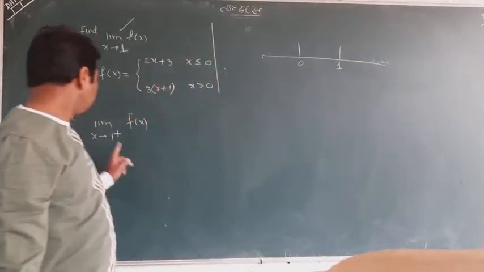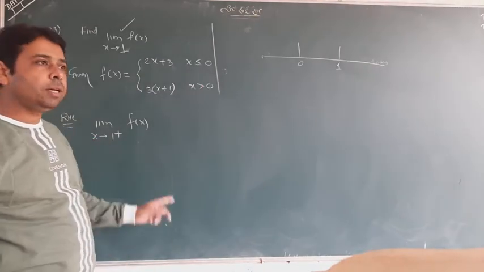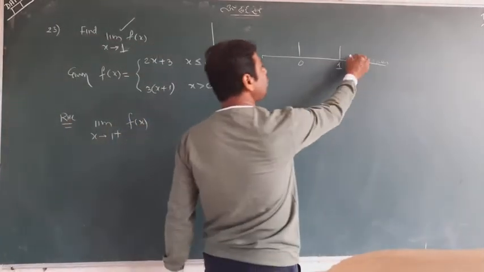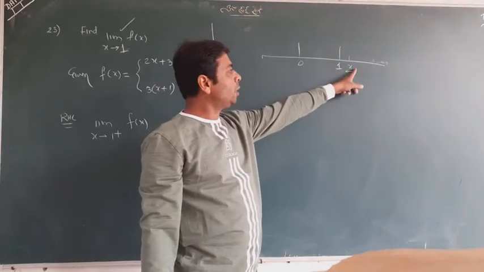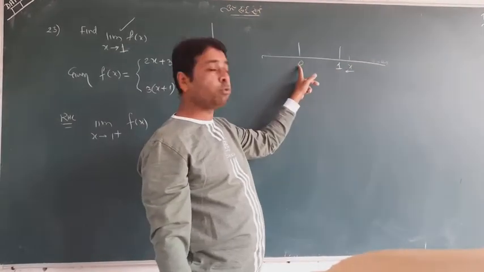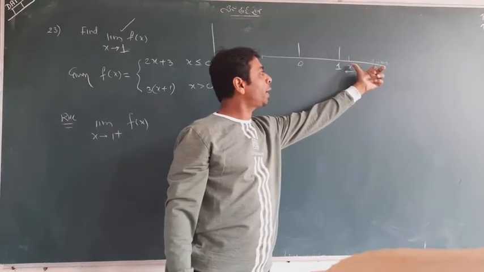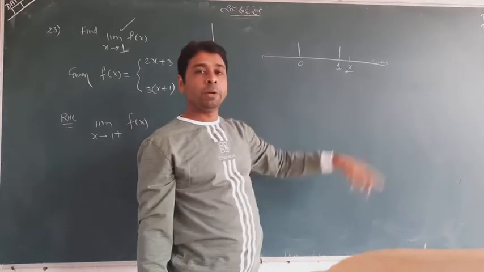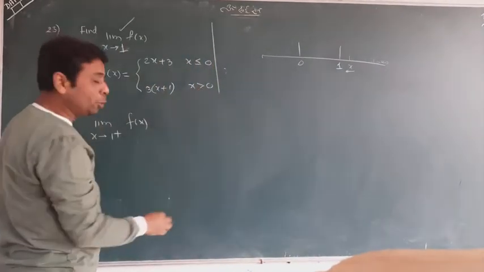What is the meaning of x tends to 1 plus? It means x is coming to 1 from the right side. Ultimately, the position of x with respect to 0 is greater than 0, so the function for x greater than 0 will be chosen.